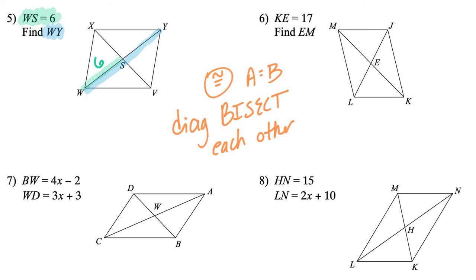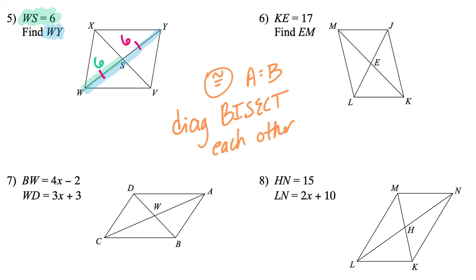And then find WY. And WY, notice, is the whole length. So I would make sure that you have some colored pencils or highlighters in front of you so that you can also draw on your picture so you can visualize what's going on here. I know that this is congruent to this, and that's because I know that the diagonals are bisected, which means that the two halves are congruent. So if the WS is 6, that means that SY is also 6.